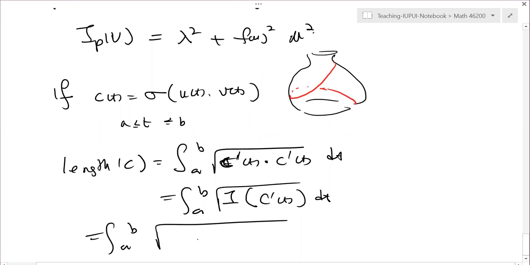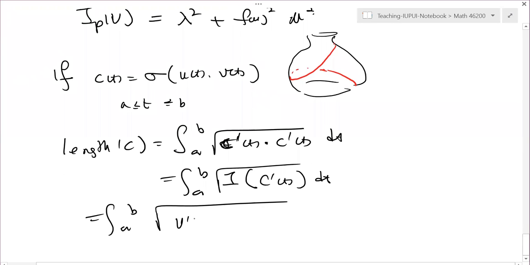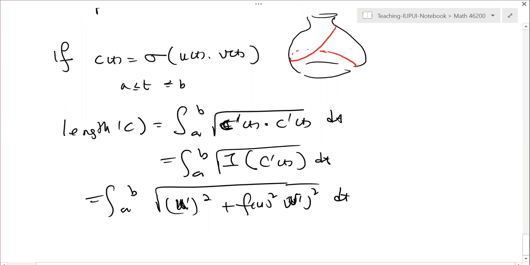Using the above formula, in the place of lambda I get u prime squared, and in the place of mu, it's v prime. This is u, this is v. So that's the formula.